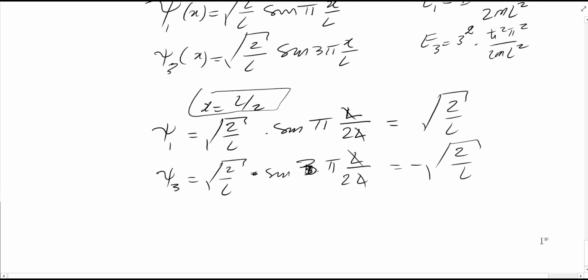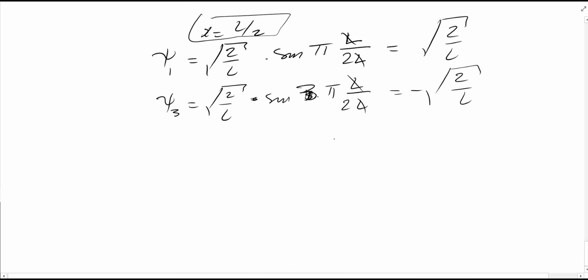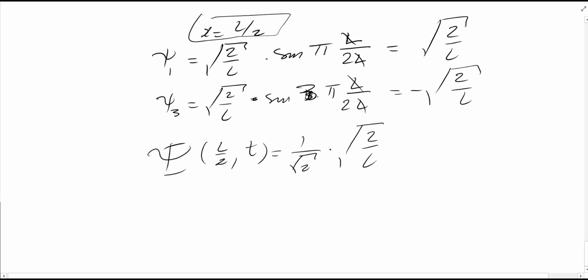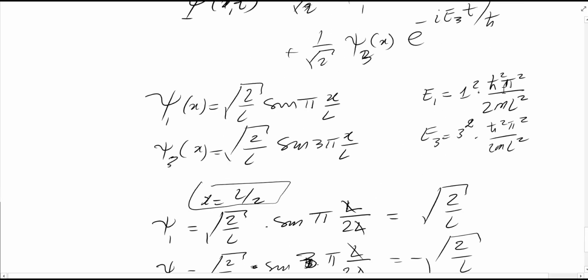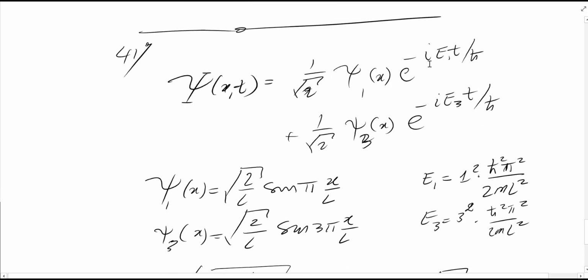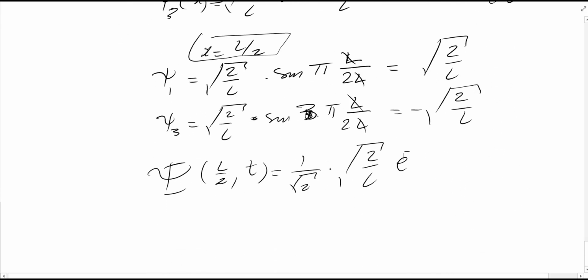So all we have to do is write the function psi now at the point L over 2, and time t is going to be equal to 1 over square root of 2 times square root of 2 over L, exponential of negative i E1 t over h bar. So I'm going to leave it E1, because it's going to be cumbersome to write it, but at the end we're going to substitute the values.